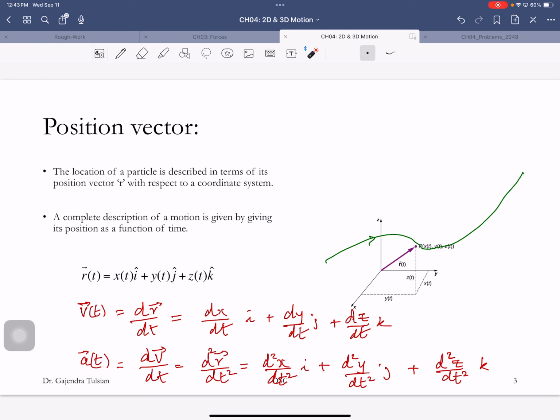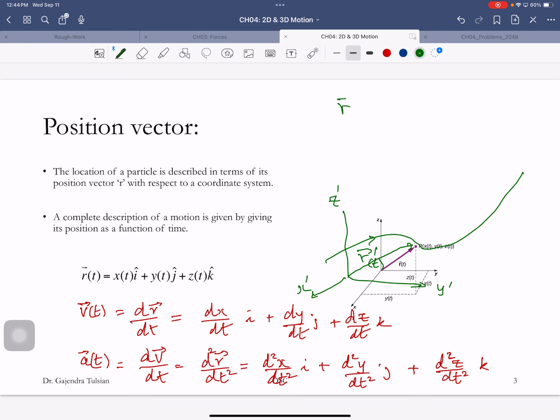Now, the coordinate system you choose is just the language you're describing with. So here is, let's say, x prime, y prime, z prime. Then your position in that coordinate system would be r prime of t.